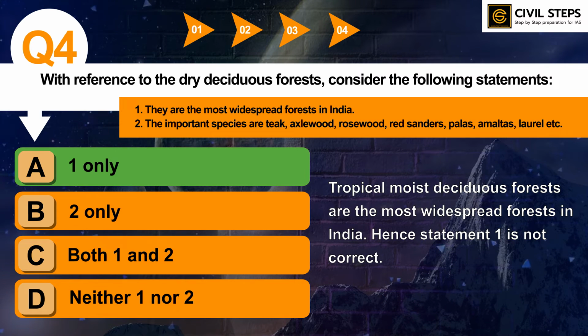Hence statement 1 is not correct, while statement 2 is absolutely correct about dry deciduous forests. There are different types of forest like evergreen forest, tropical evergreen forest, dry deciduous forest, montane forests. So likewise you can read about these forests from standard sources. This is a very important topic from the UPSC exam point of view. So this was all about question number 4.